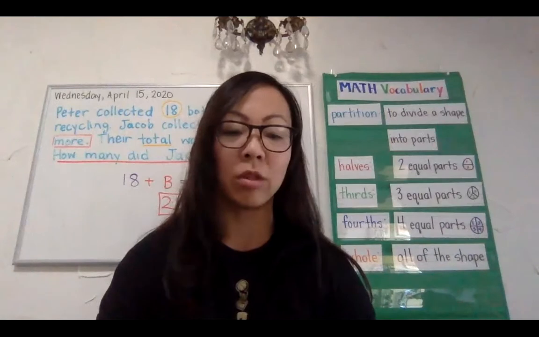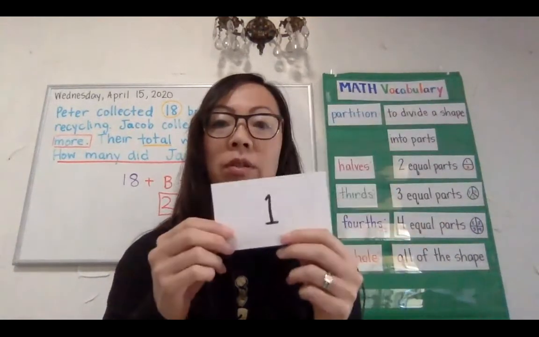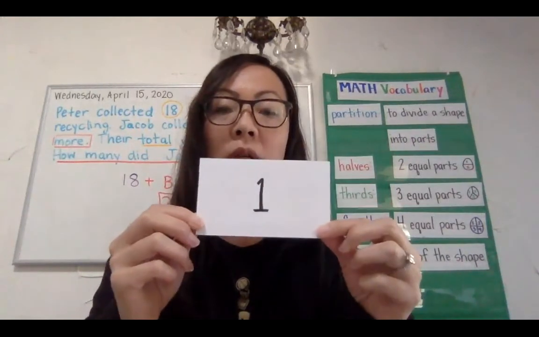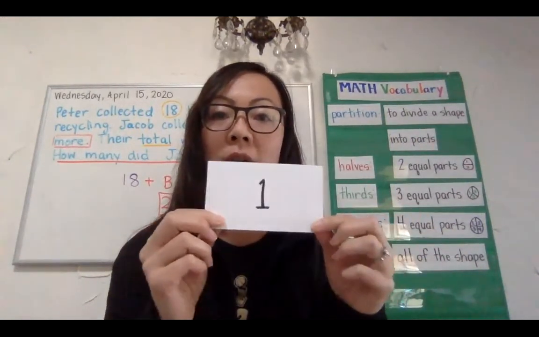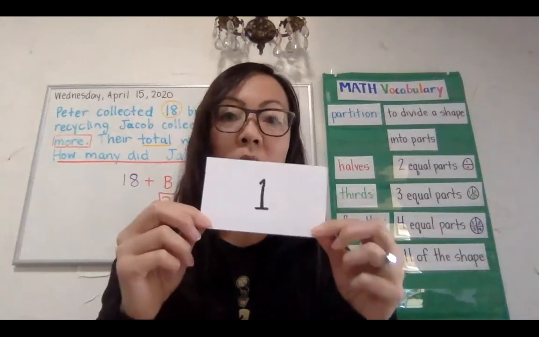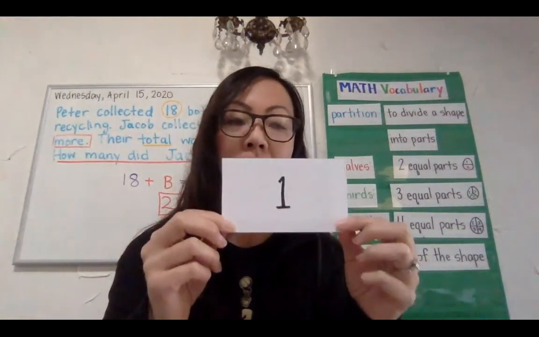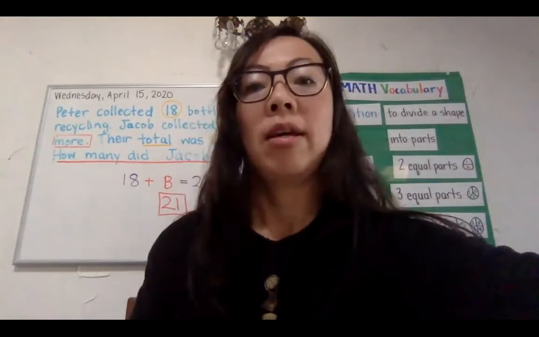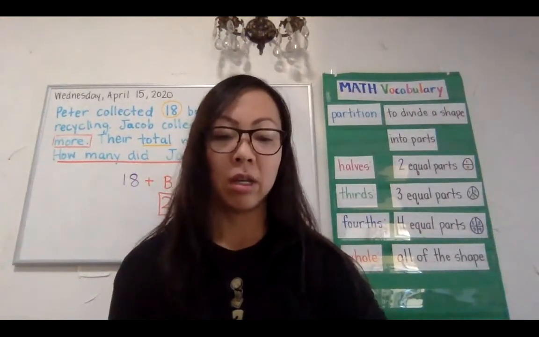Let's take a look at some shapes today. Instead of circles today, let's look at this rectangle. Do you see how I have one whole? Is my rectangle cut up into parts? Nope, it's just one whole. I'm keeping it all together. But let's say that I want to turn my rectangle into 2 equal parts.